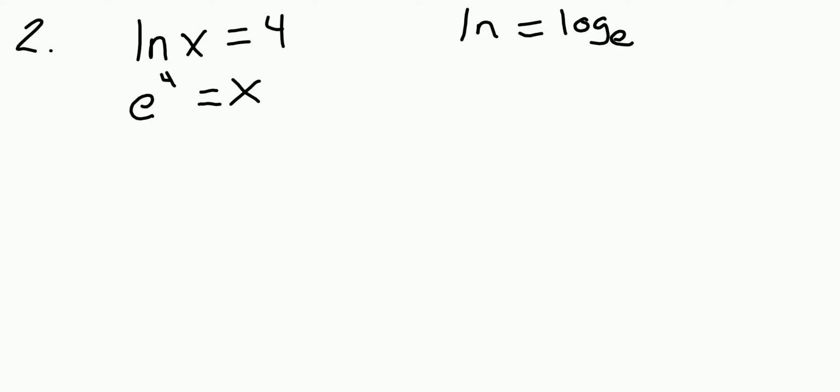If you look at your calculators, e is found by pushing second and then ln, and it'll give you e and then a box up here, or the up arrow to give you an exponent. So you just put e to the power 4 in your calculator, and it's about 54.6.